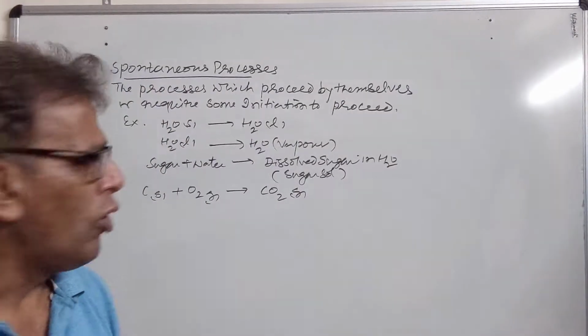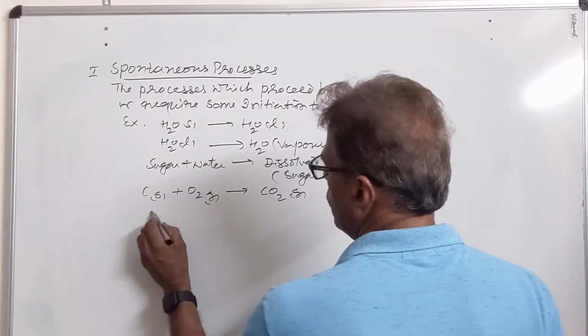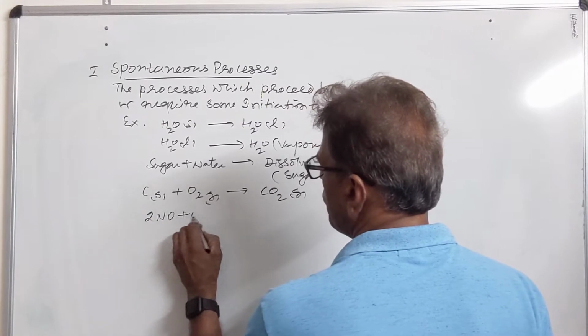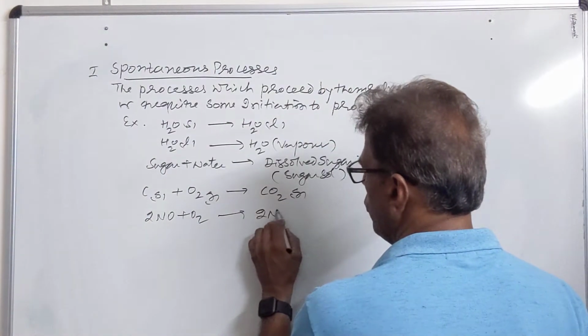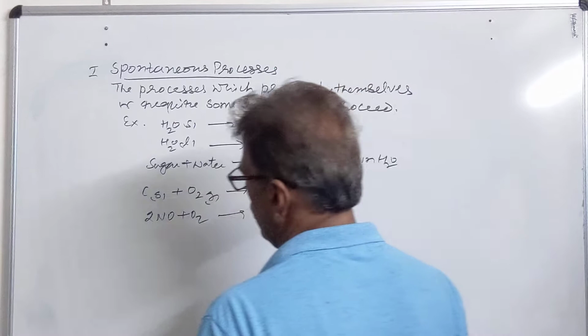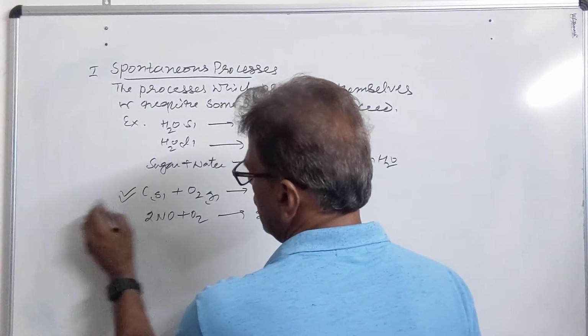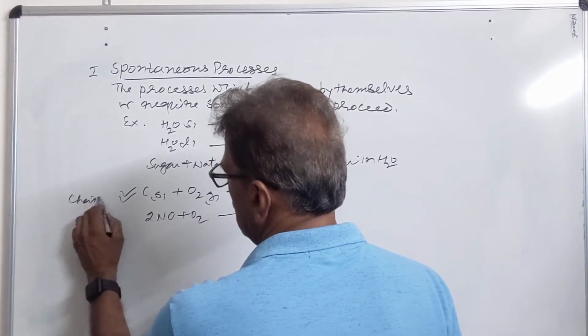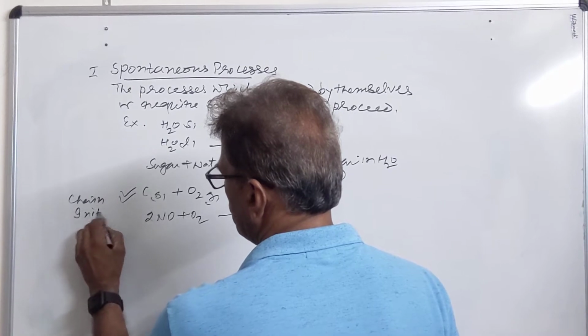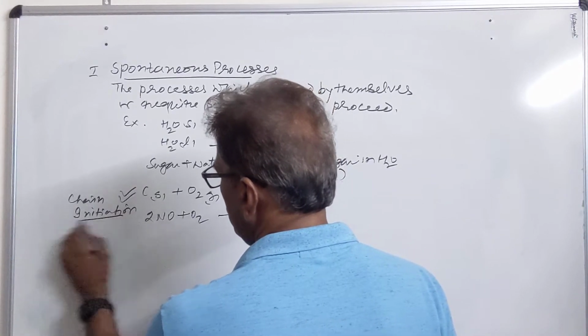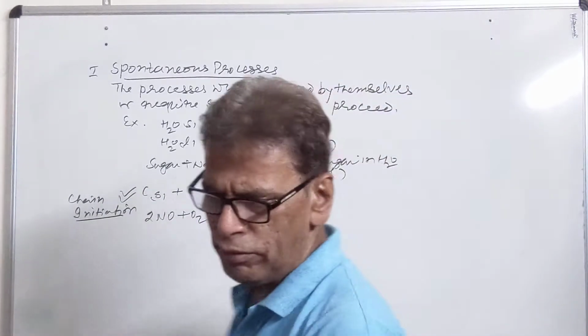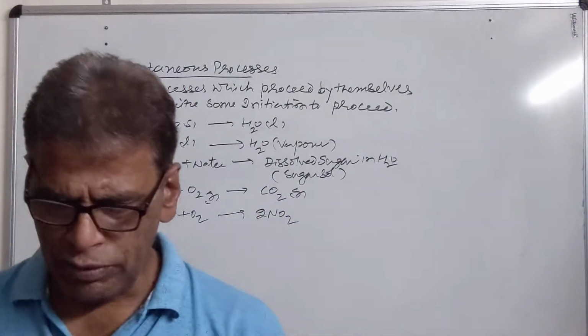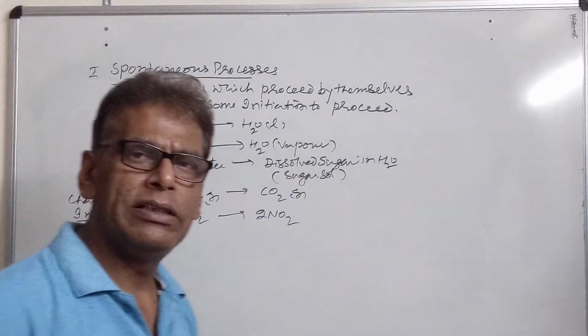Then the combination of NO with O2 to give you 2NO2. This is also a process which does not need initiation, but this process needs initiation. So once carbon is ignited, it will burn indefinitely till the whole of the carbon is burnt.